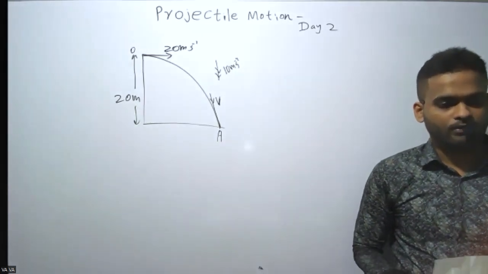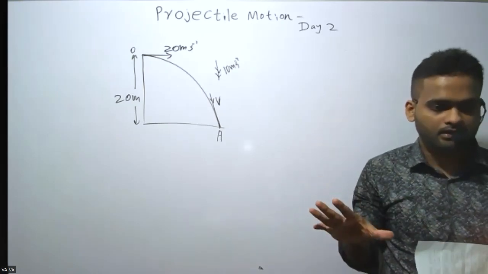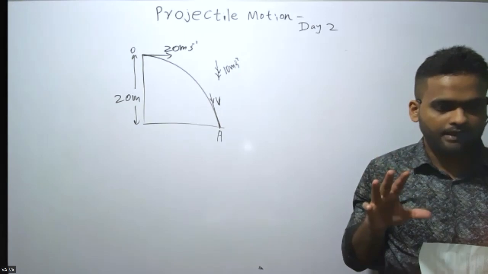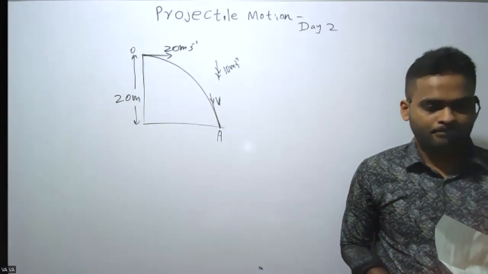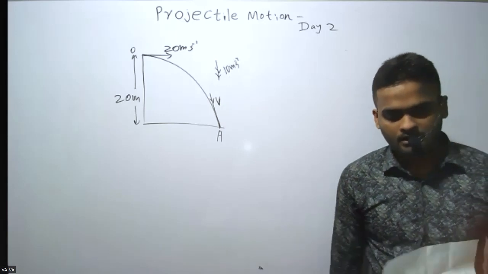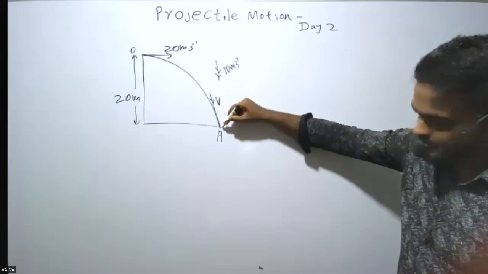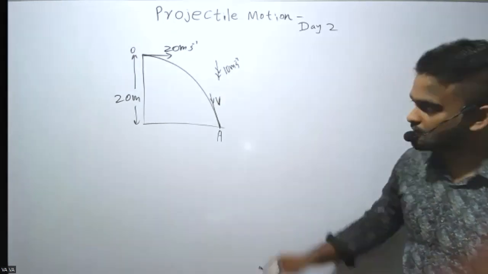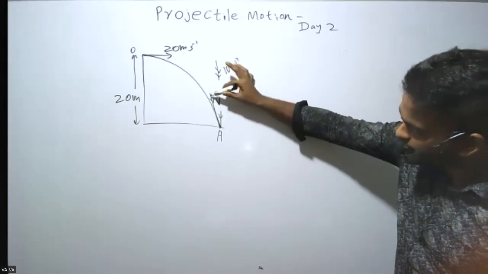So you have to apply equations horizontally and vertically separately, right? Here, you can think about two components of this velocity.